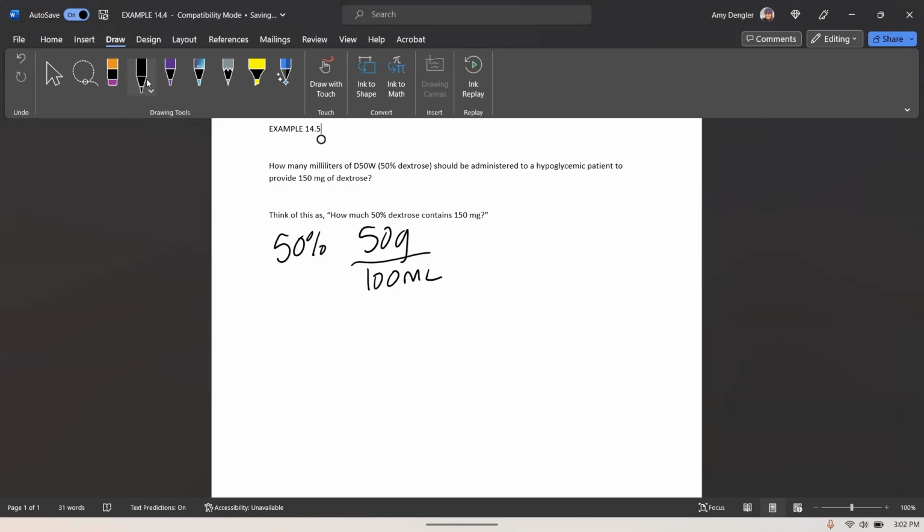Our problem, however, has 150 milligrams. So we need to convert that 50 grams to milligrams. So we're going to use the conversion factor of 1 gram is equal to 1,000 milligrams. And we're going to plug in our 50 grams here, and this will be our x milligrams.